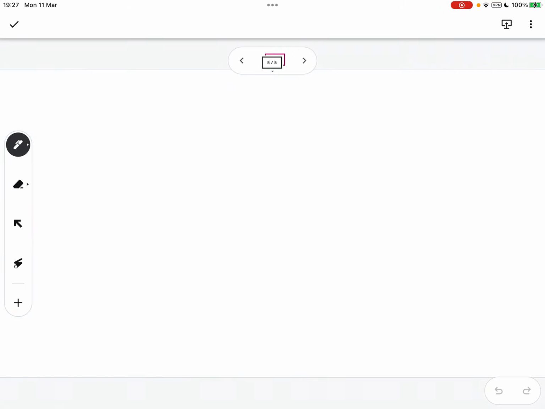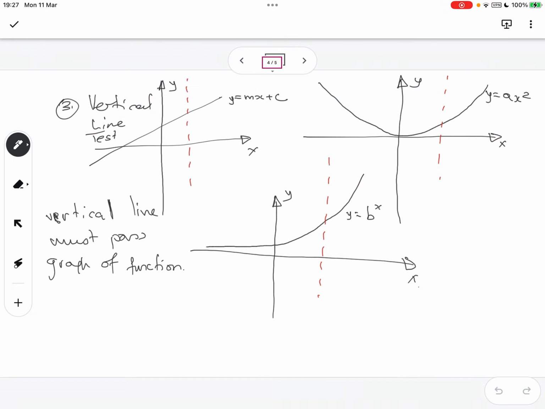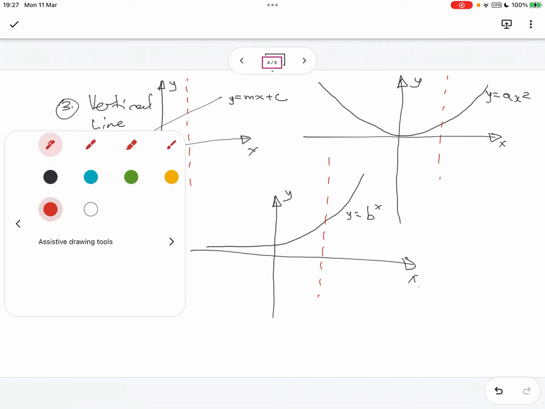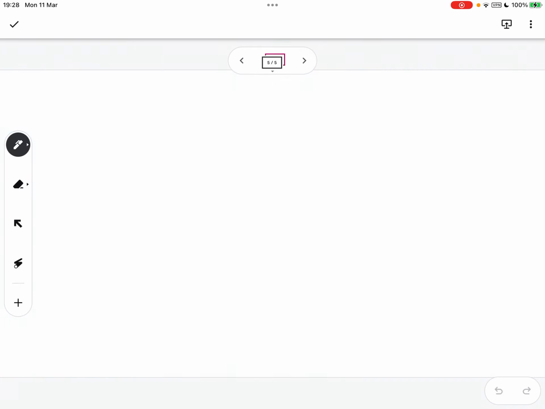So that's very important. It must pass the graph of the function once, and we'll circle that in red dotted lines, just to show that it's very important that that condition be adhered to.